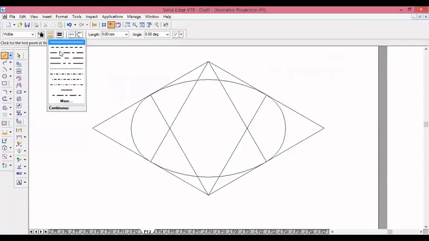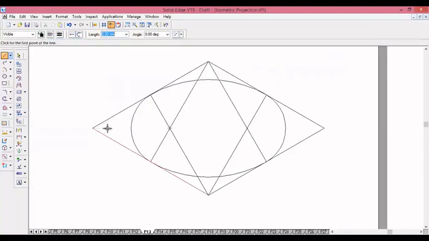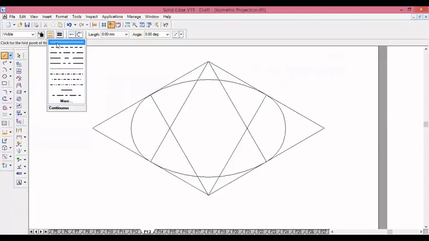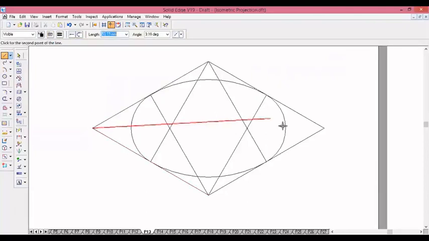Go to the axis line, the intersection of this diagonal corner and this corner, intersection of these two. If you're finding difficulty, go to line, thin line, and just join these two corners. The midpoint of this will be the center of the cone.